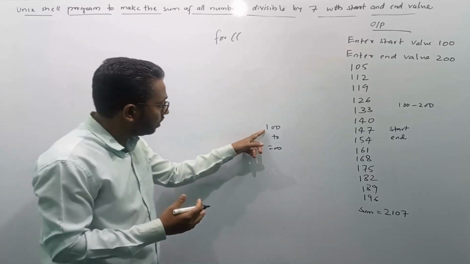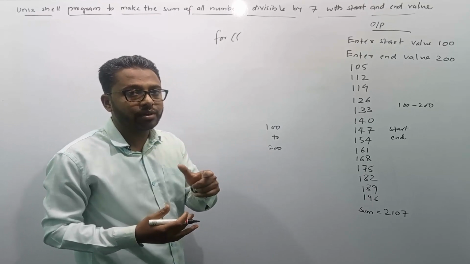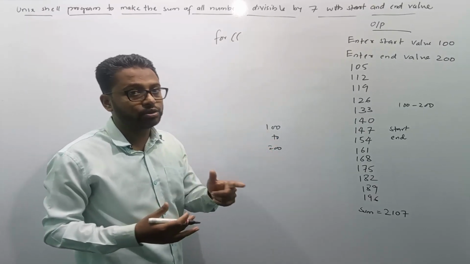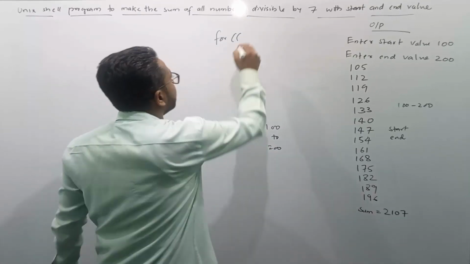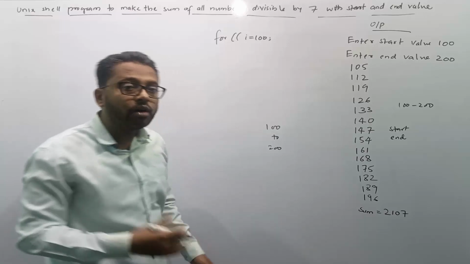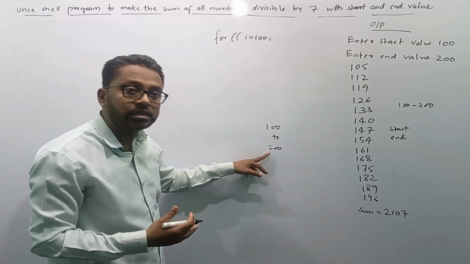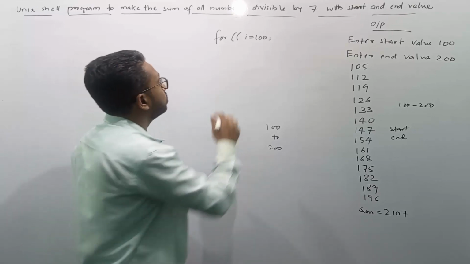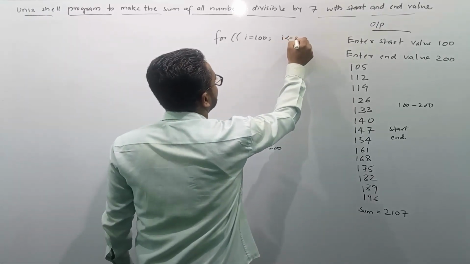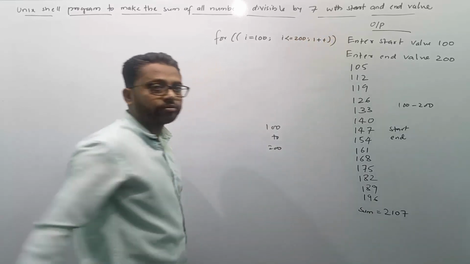We are trying to find out those numbers which get divisible by 7 starting from 100. So 100 will be our starting point. So we should start our for loop with 100. i value is equal to 100. And how long we need to run this for loop? Until we reach this value 200. So this will be our end. i is less than or equal to 200, i plus plus.